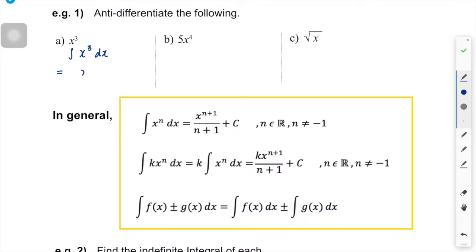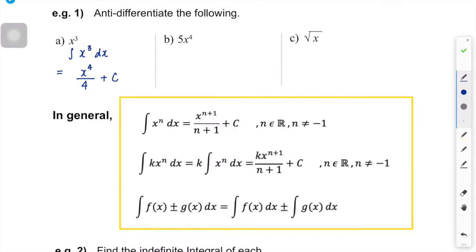So let's start by writing x to the power of 4. In your head, try to take the derivative of x to the power of 4. It gives you 4x cubed, which sort of matches x cubed with the extra coefficient of 4, which means now we have to divide this by 4 and then plus c, the constant.